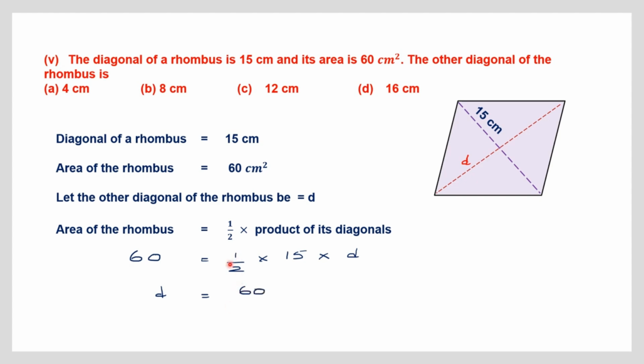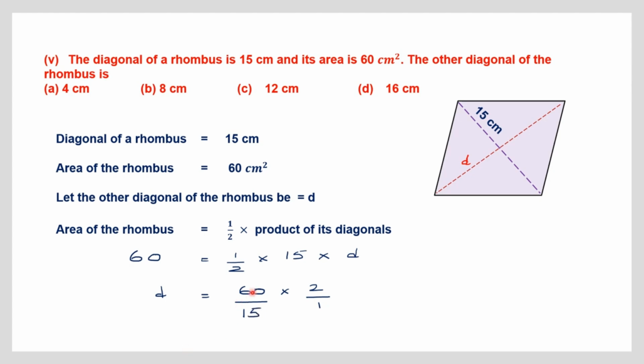And we are going to move this half to the other side. Because it's multiplication, when it goes to the other side, it becomes division. So it becomes 2 by 1 there, or 2 by 1 into, now 15 also we are transposing to the other side. Because it's multiplication, it becomes division. So we can put it straight under this itself as division, so we don't have to put another sign there.